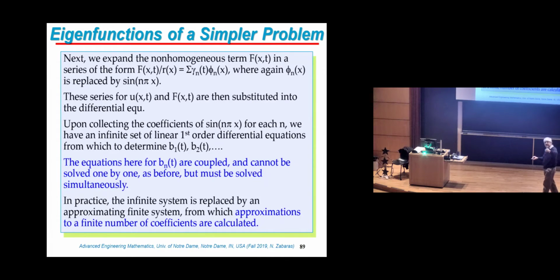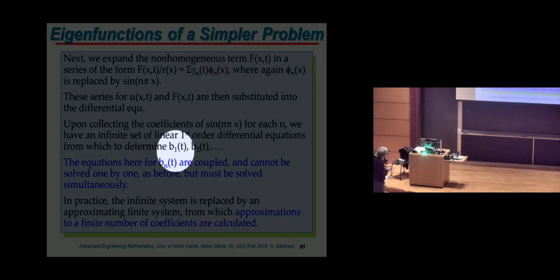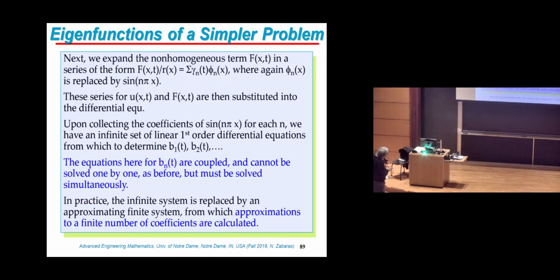Here is interesting. This is now an esoteric thing, but I want to tell you. So you remember when we solved the transient problem and we expanded it, we wrote the solution as some coefficients that are functions of time times the basis functions. If it happens that you don't use the actual boundary value problem, but you use the basis functions from another boundary value problem, those equations, the ODEs that you will get for these coefficients may be coupled.